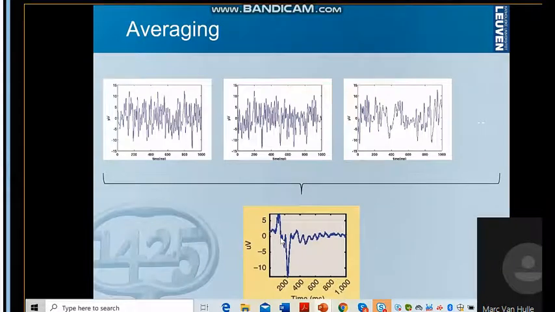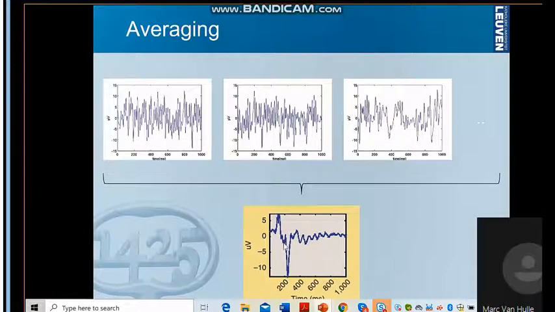And what you do, as you can guess, is to average them, because you can't figure out anything from the single runs here. You have to consider several runs, and then you see a particular signature that you can use in your decoder. So this is a pattern that you're looking for in response to a flash after averaging, of course.